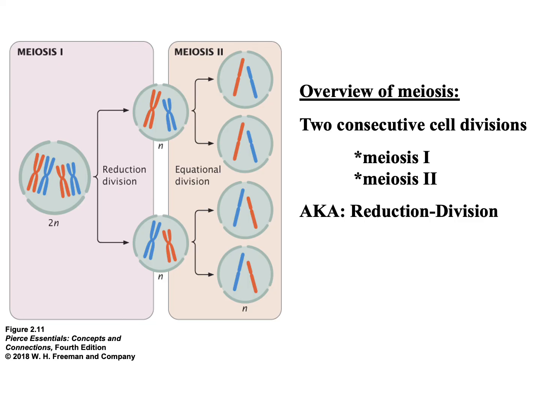So let's give a brief overview of the mechanism of meiosis. Meiosis consists of two consecutive cell division processes, Meiosis I and Meiosis II. In this slide, this is a quick overview of the process. In Meiosis I, you have a diploid cell that undergoes a reduction in the chromosome content, where each cell that results is now haploid.